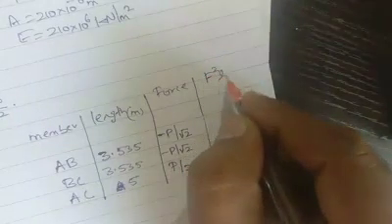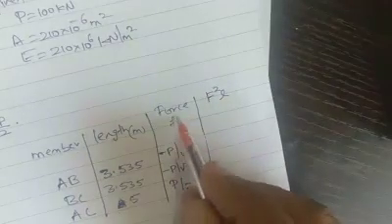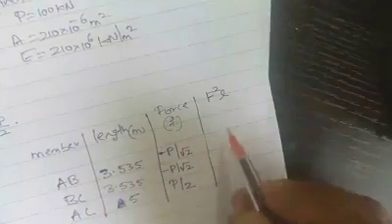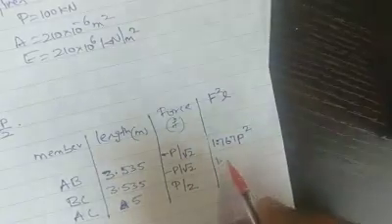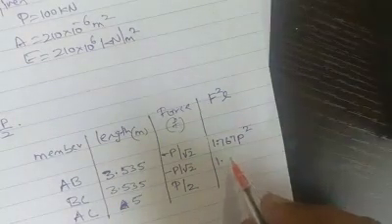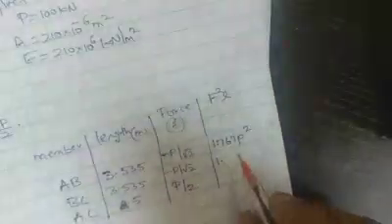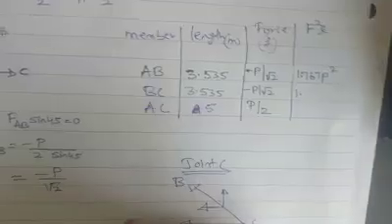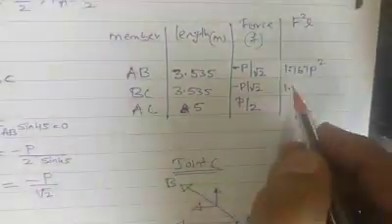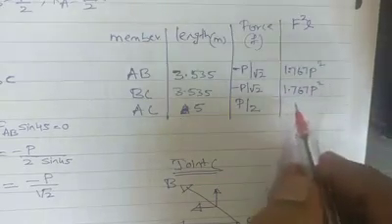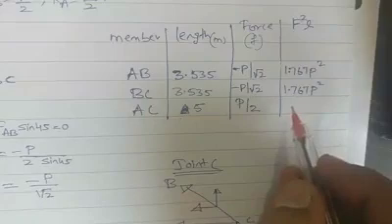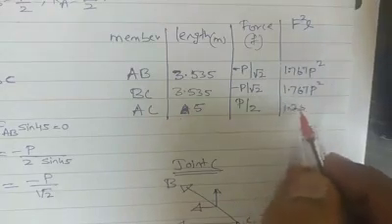So now next is F square L. When we do this, F square into L, we'll be getting 1.767 P square, again 1.767 P square, and this is 1.25 P square.